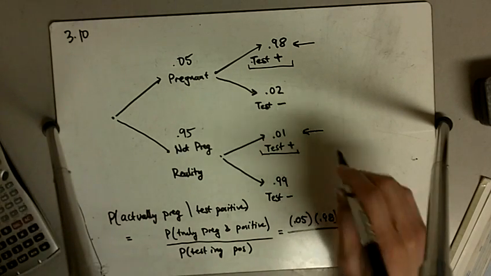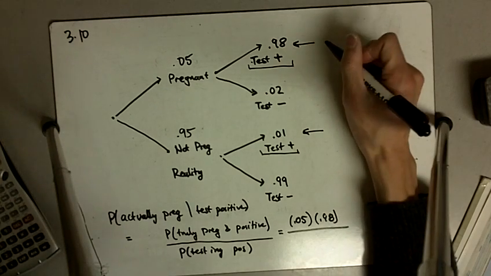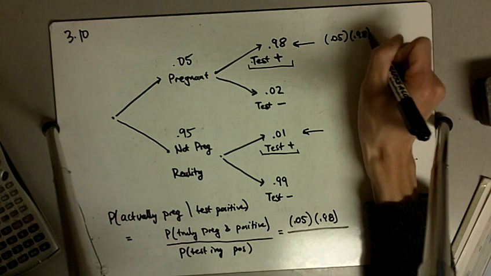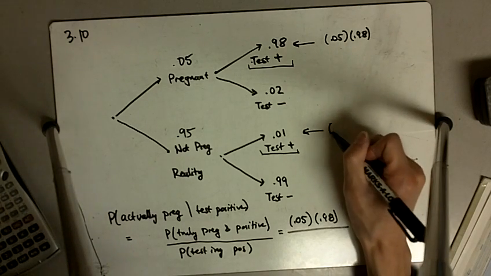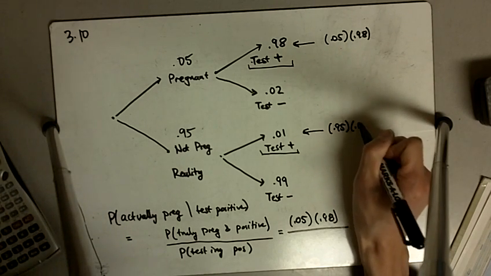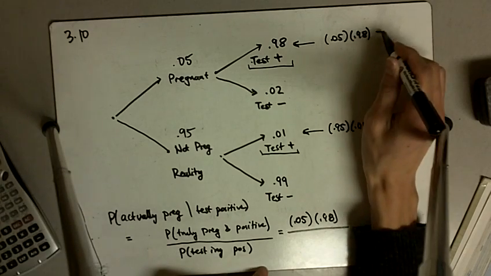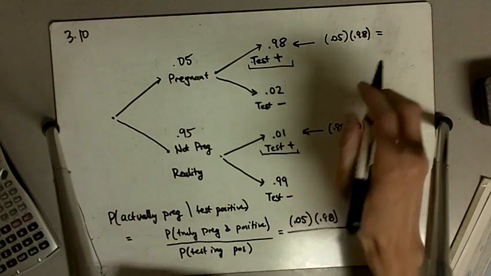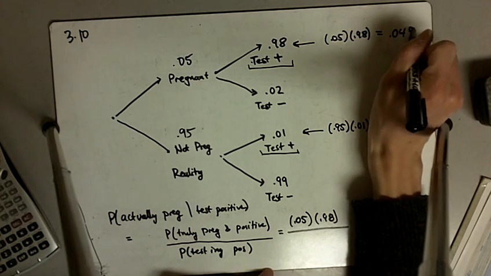Now, I had erased it and I already forgot, so to find that, it's going to be 0.05 times 0.98 plus this group, which is 0.95 times 0.01. This is equal to 0.049.